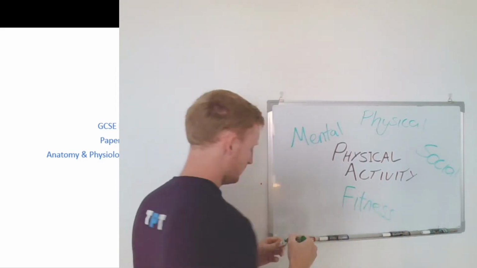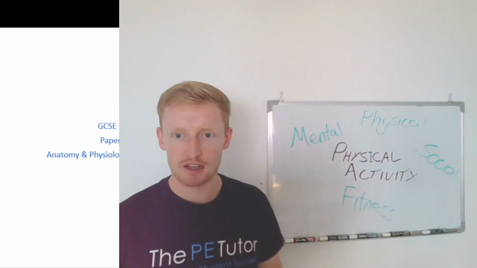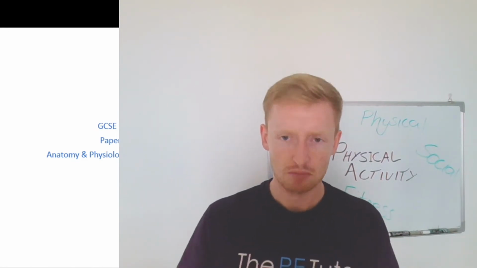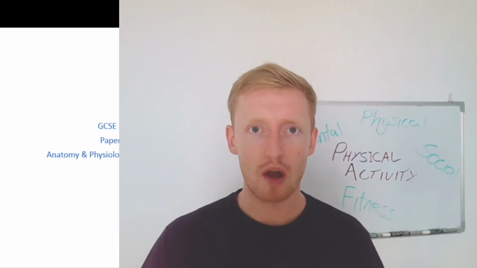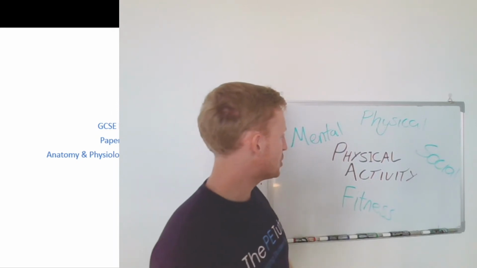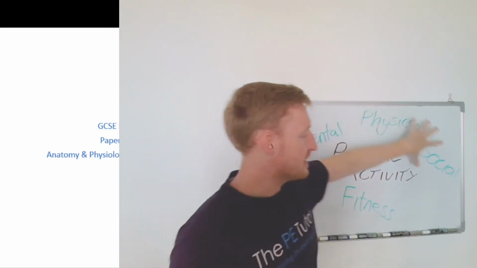Okay, and I will be elaborating on the difference between physical and fitness, because you might be thinking that they are fairly similar, which they are, but I will get there in the next half an hour. Today's lesson will run short and punchy, but we will be covering the effect of physical activity on these four areas.